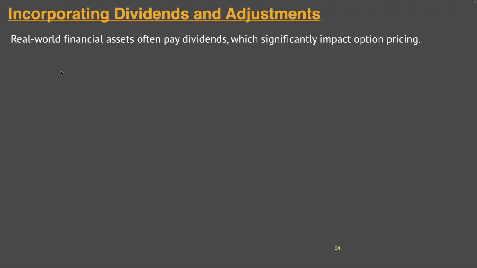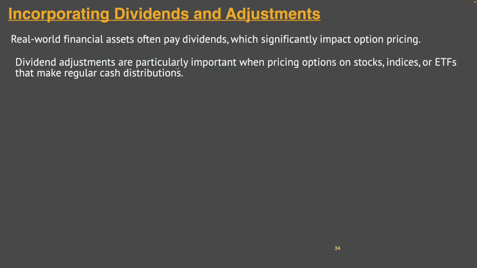Now let us consider the practical aspects of the binomial tree model. See, in the real world, the company may give dividends when we are holding an option. So in such cases, we have to consider the effect of dividend on the option price. Any dividends will generally result in a reduction in the option price.